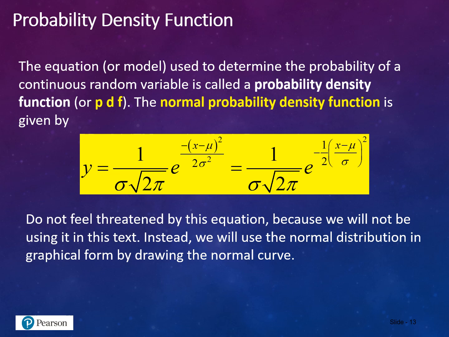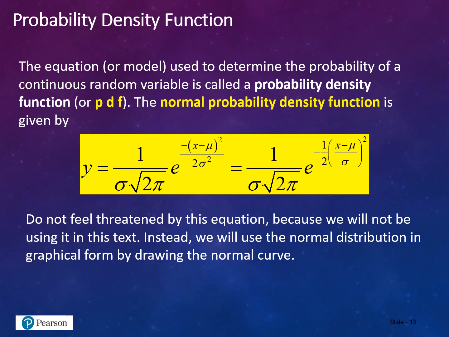The normal probability density function is given by y equals 1 divided by sigma times the square root of 2 pi, all that quantity times Euler's constant raised to the power of negative the quantity of x minus mu, which is the mean, squared in the numerator, divided by 2 sigma squared in the denominator. Okay?